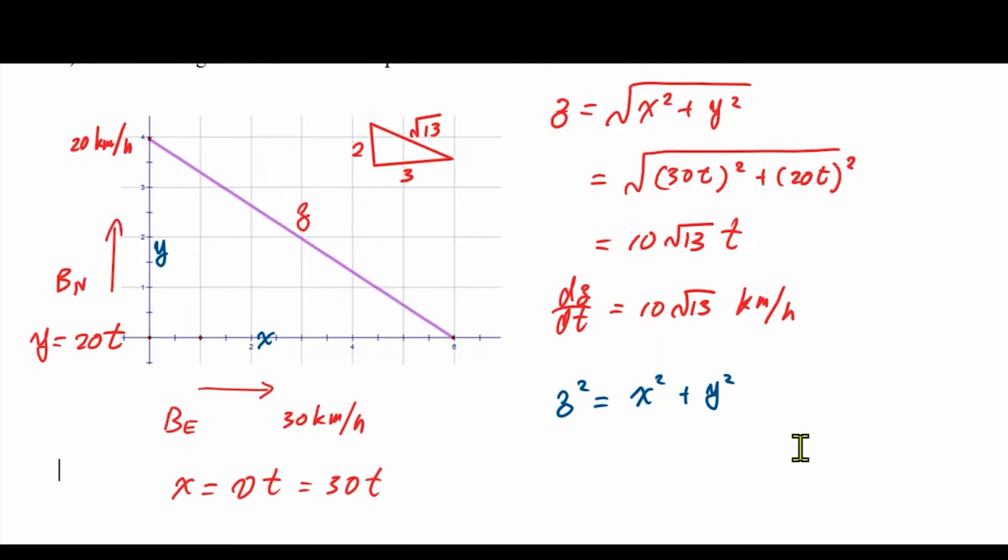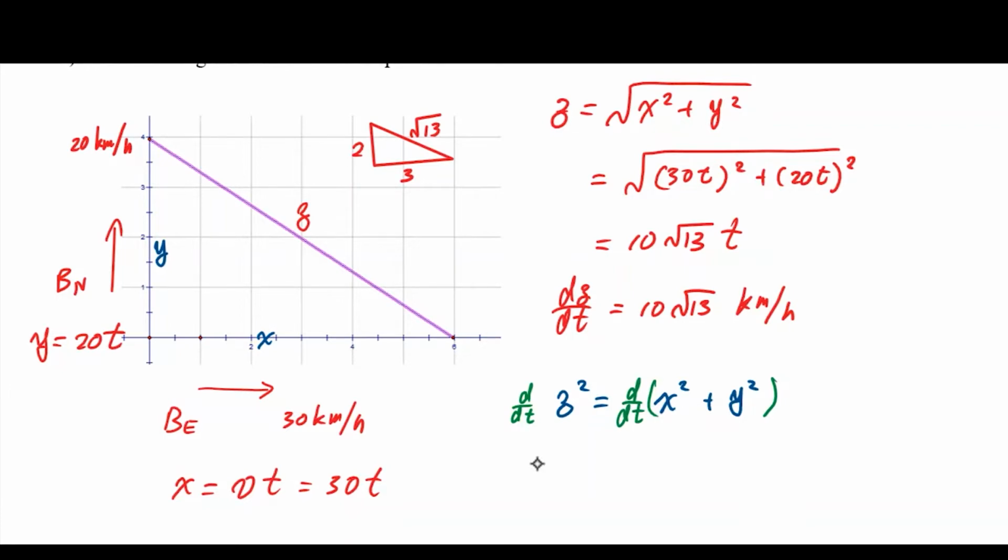Now, we take implicit derivative on both sides. Do you still remember implicit derivative? We used to put d over dx, right? But now, since our independent variable is t, we put d over dt. With me?